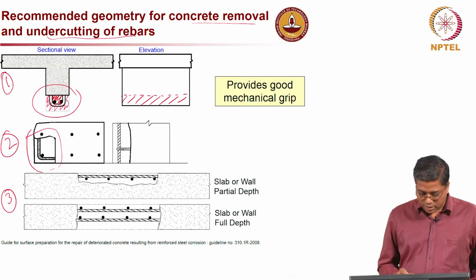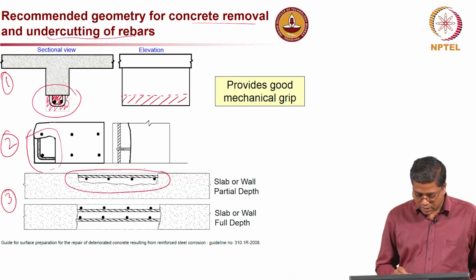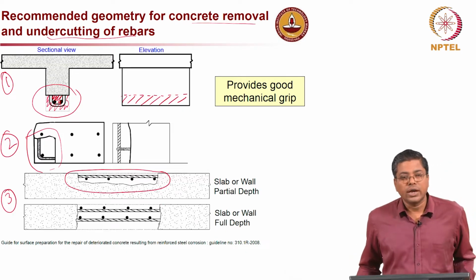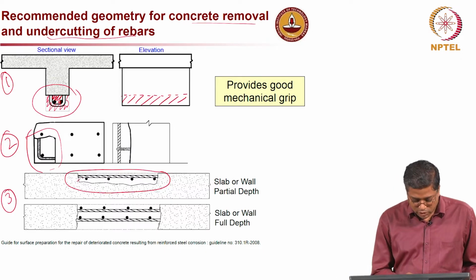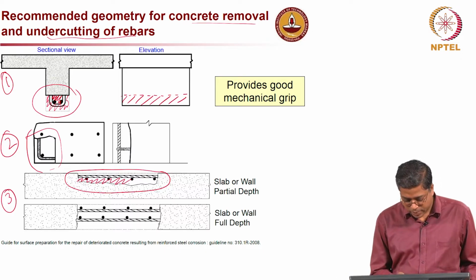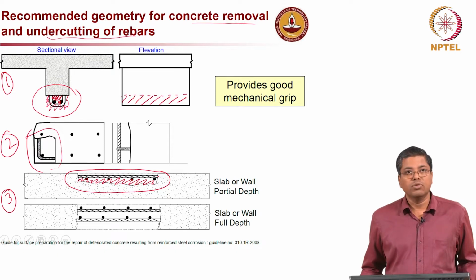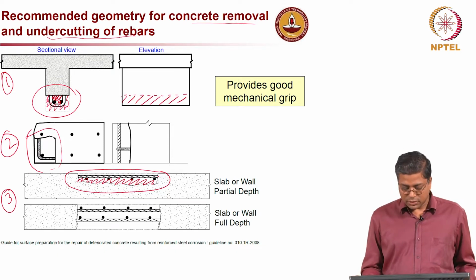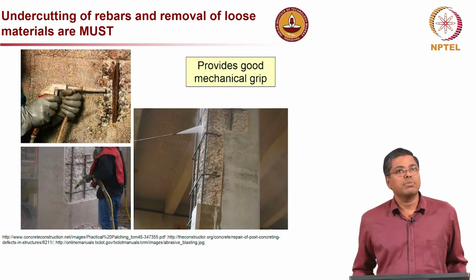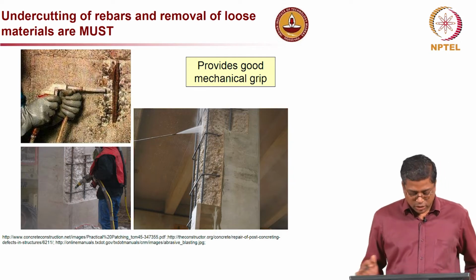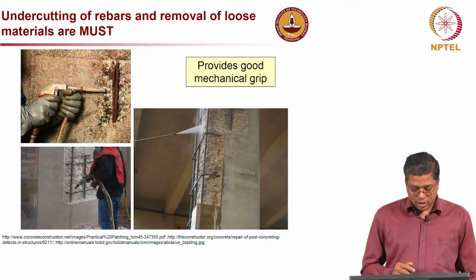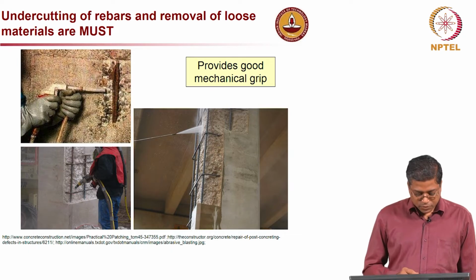In case of a slab, again here we can see that the concrete below the reinforcement is removed, so that a proper grip is provided. So, undercutting is very much important.